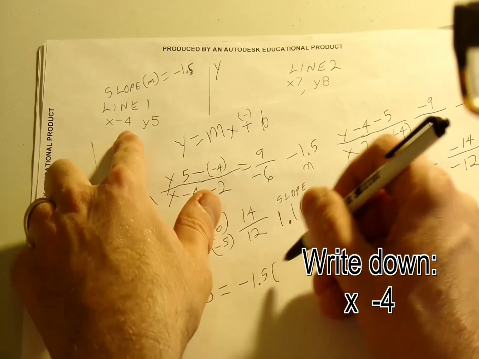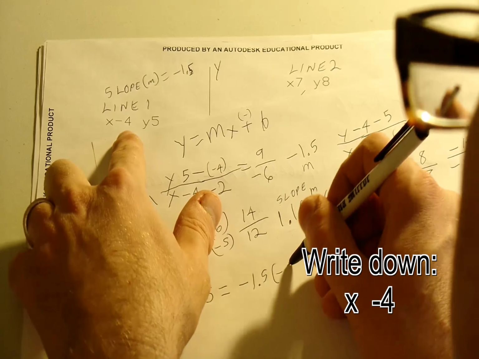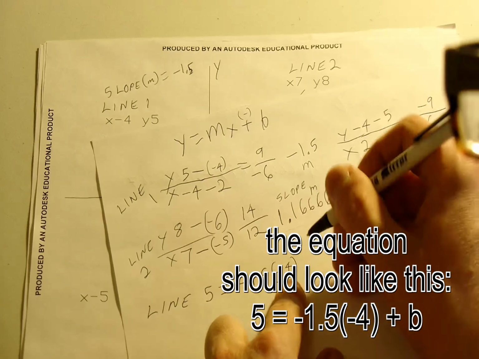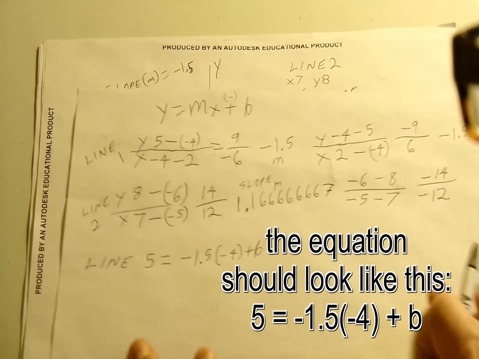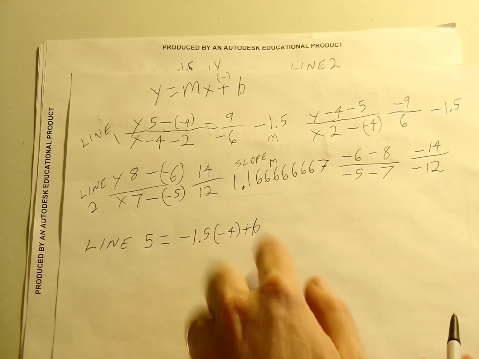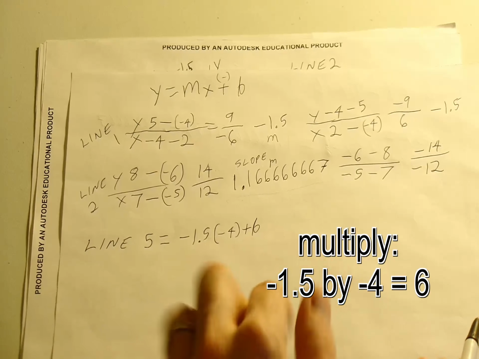Of course, we have negative 1.5 for the slope. We're going to plug in all these numbers, and the equation should look like 5 equals negative 1.5 multiplied by negative 4 plus b. And b is the number that we're going to find.